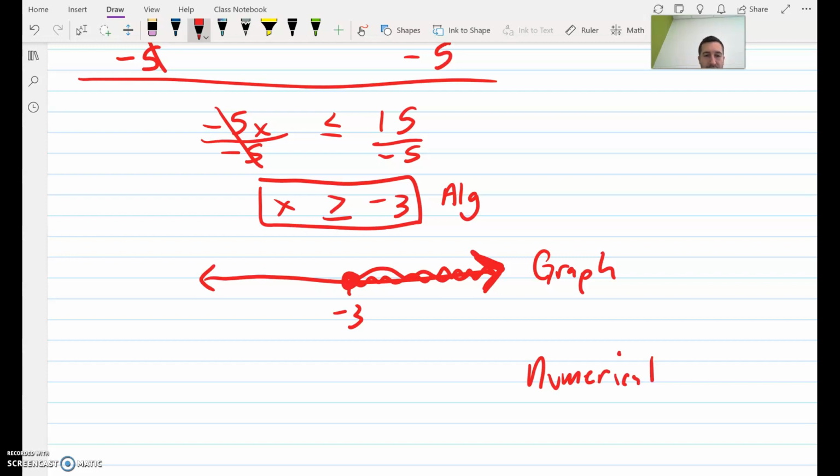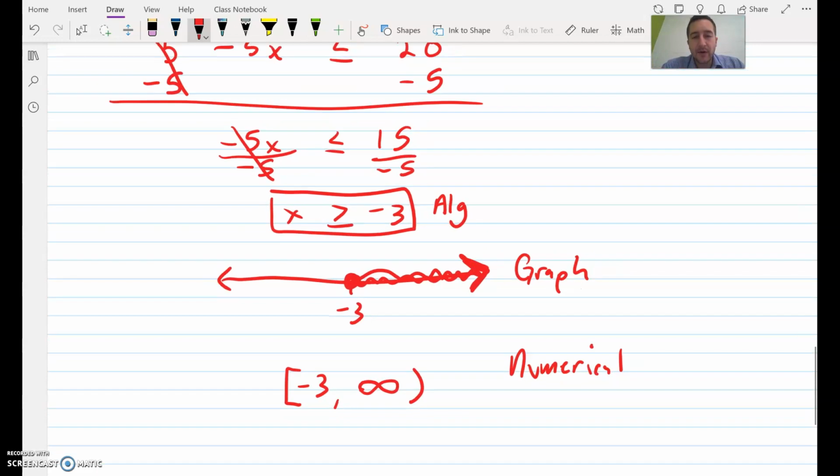The numerical version. Anything greater than negative 3, including negative 3. So the including means we use the bracket, and then we go greater with the greater than sign. Those are our 3 ways that we can represent our answer, that any number greater than negative 3 would work.